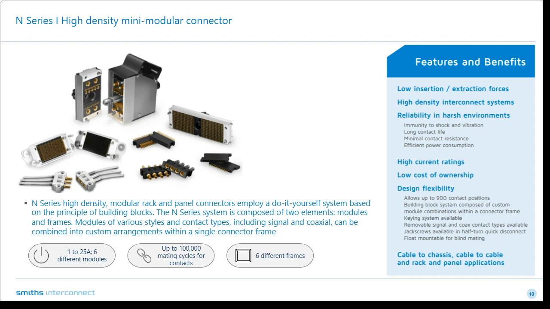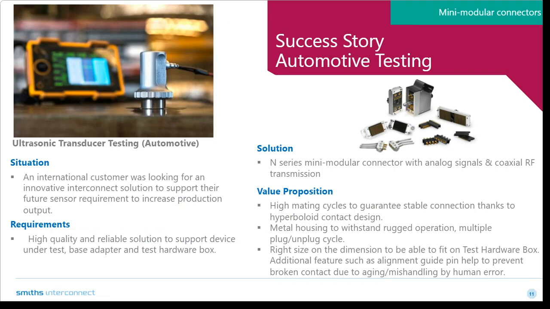So let me take you through one success story that is very close to our heart because it is quite recent. This is for an ultrasonic transducer testing. It was for test equipment that was being built for a sensor.